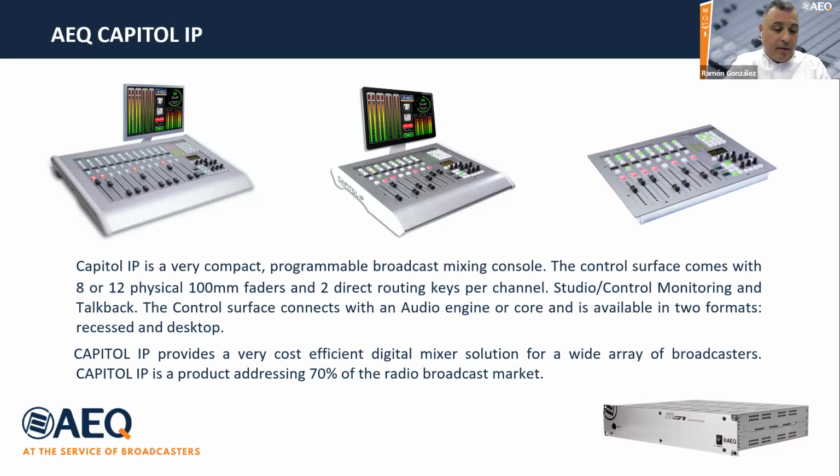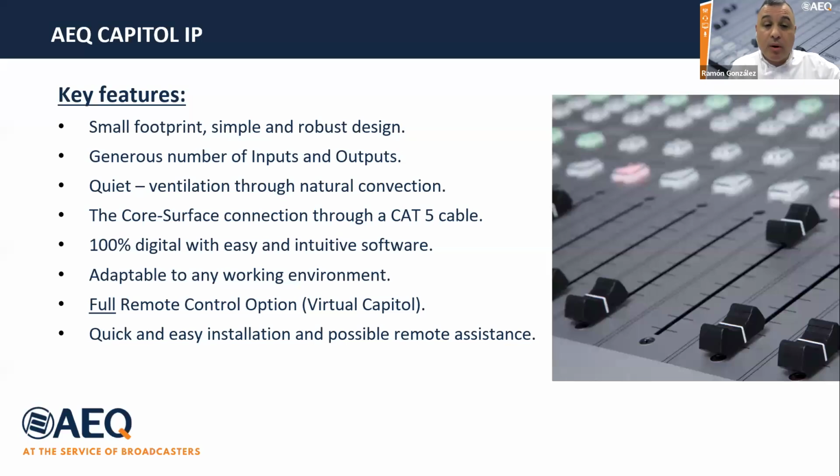Following with features, of course, Capital IP has a simple design approach. Wide option of inputs and outputs, as I mentioned before, noiseless, thanks to natural convection ventilation. The connection between the control surface and the engine is made through a Cat5 category cable, and it's up to 250 meters.